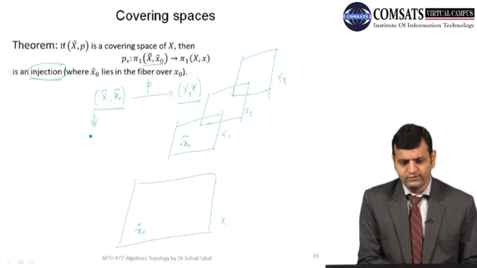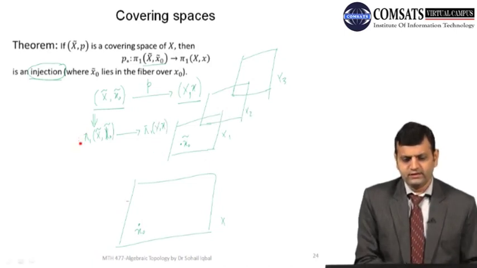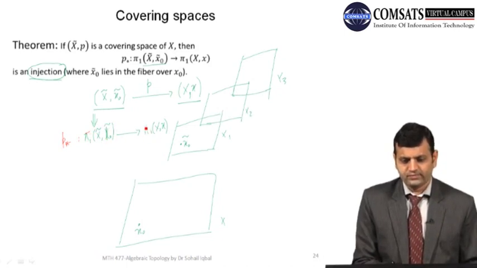Then we will have a morphism from pi1 of x tilde, x naught tilde to pi1 of x, x naught. We want to show that this morphism is an injection, in other words one-to-one, so we need to show that the kernel of this map is 0. In other words, we want to show that if a loop in the covering space goes to 0, then that loop must be 0.